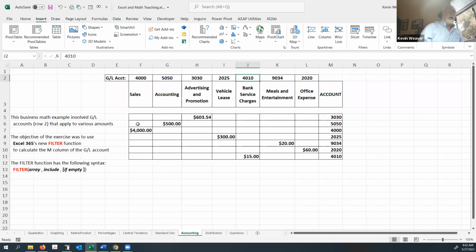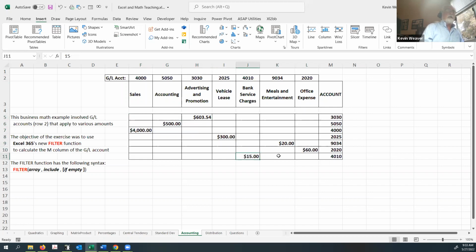Then they had this table, which they started collecting information. For advertising and promotion, they spent $603.54.